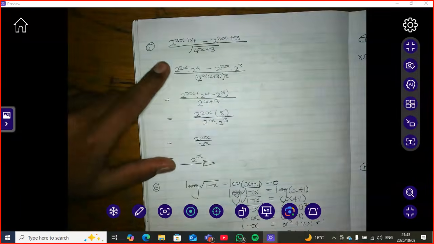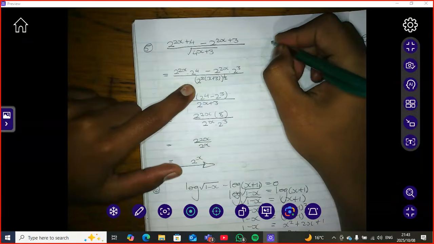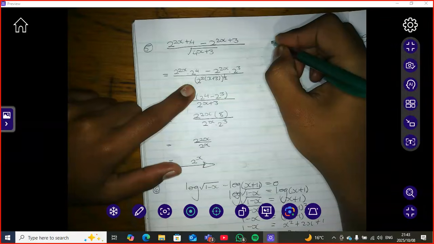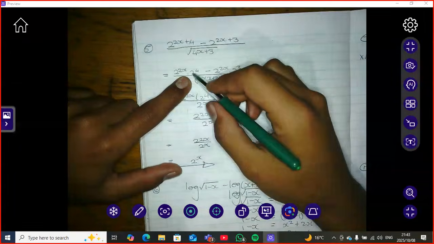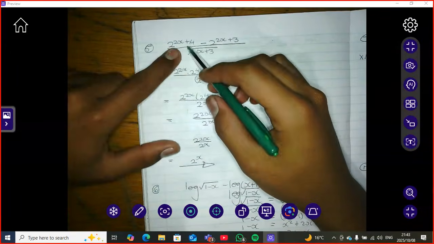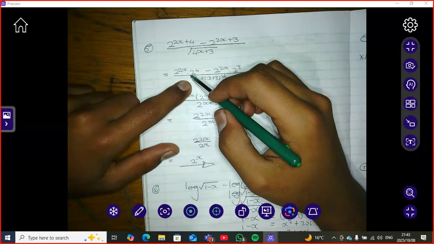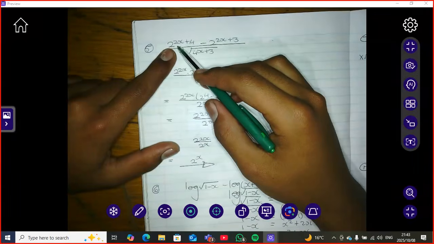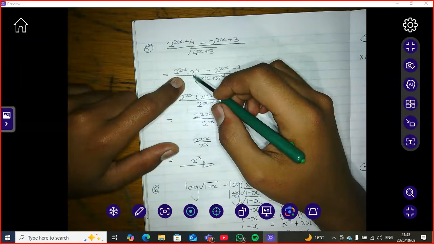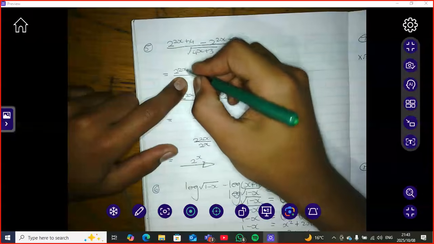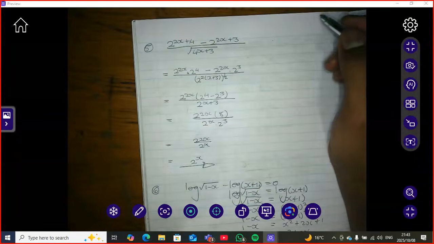Because this is laws of exponents: if you have the same base, you can add the exponents. The same would be in the reverse. Because you have the same base, you can put the same base and multiply them together like this. Those are exponents.